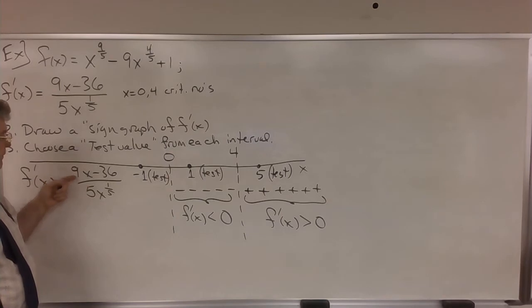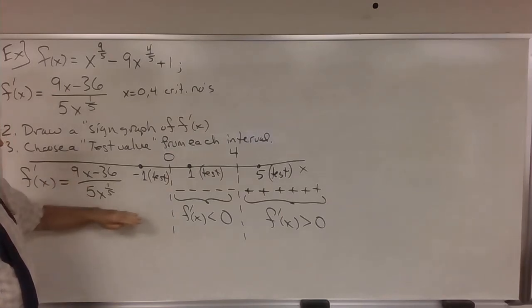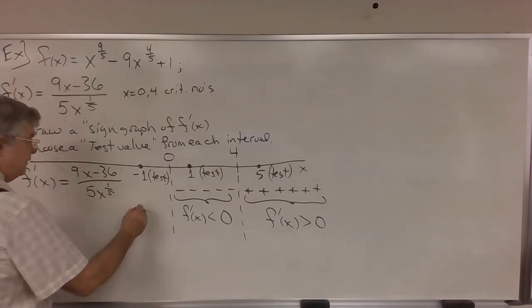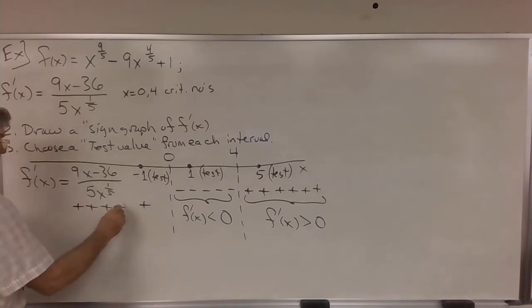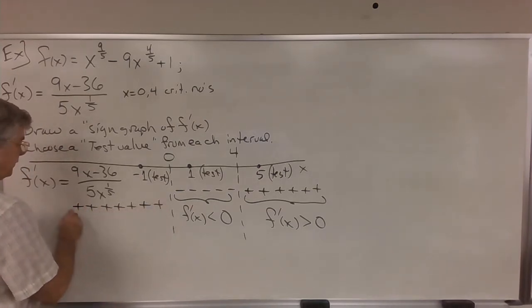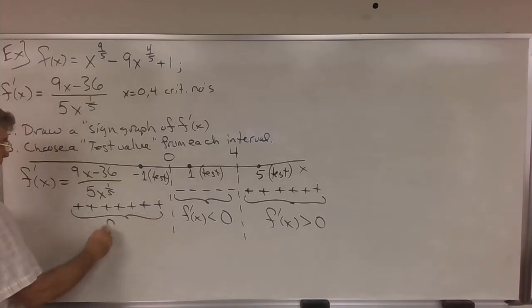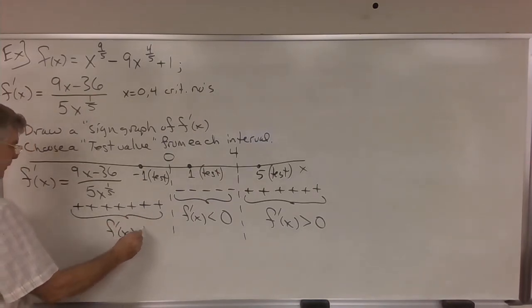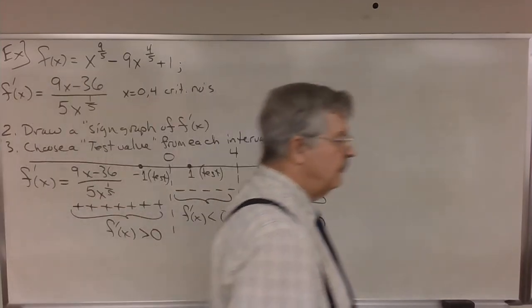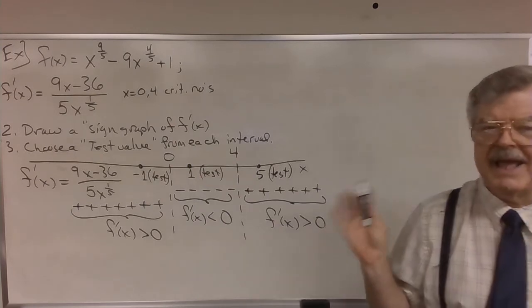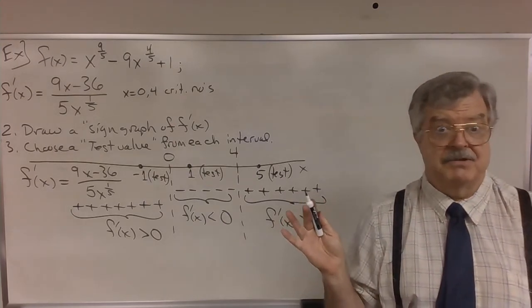We get negative over negative, positive. When x is negative 1, the derivative is positive. So it's positive throughout this interval. And that tells us a lot. We've pretty much got half of the exercise whipped.